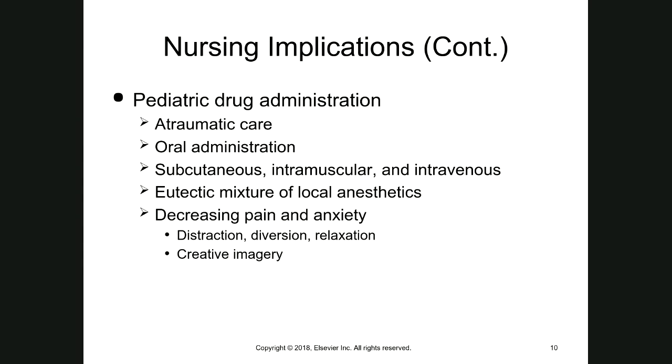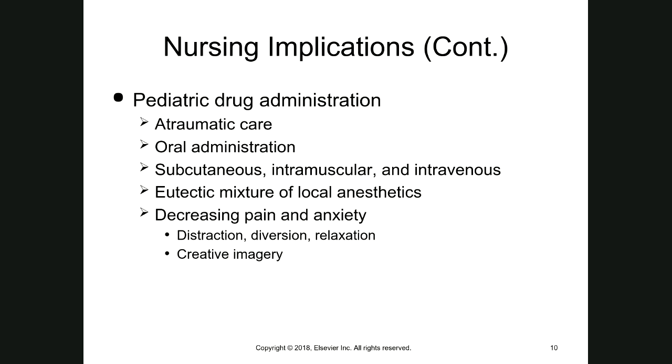Now this is talking about the different implications and how the patient is going to be. After a traumatic experience, you're going to deal with a child that's not able to be controlled. So you're going to have to make sure you don't have the parent holding the child down.